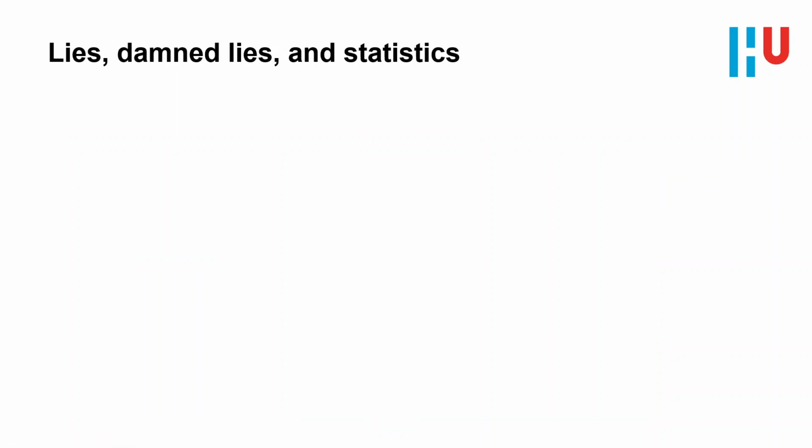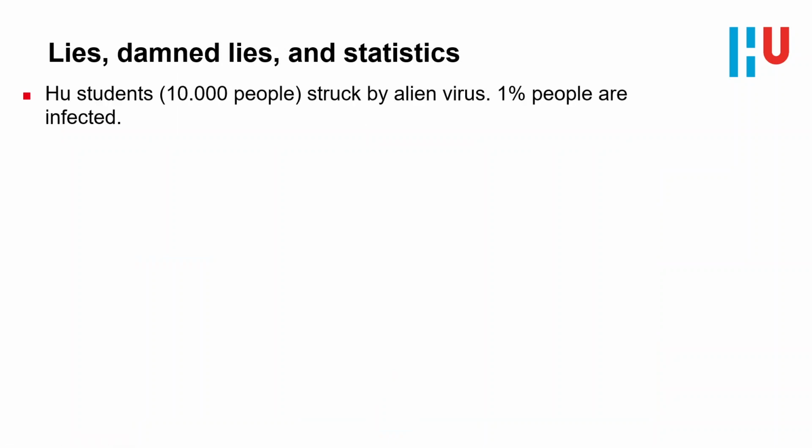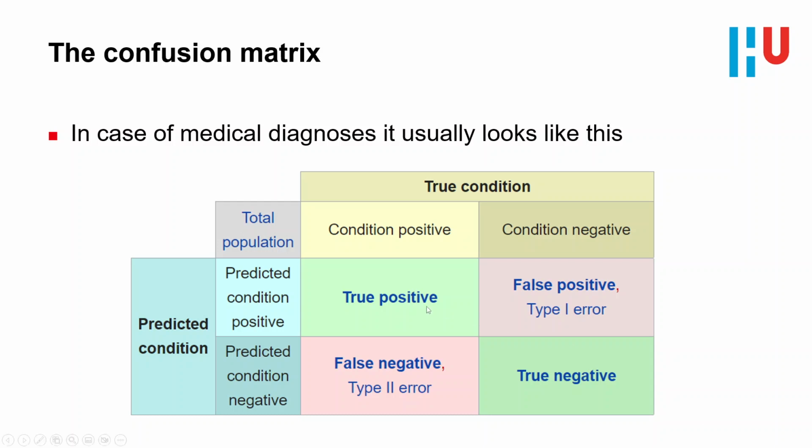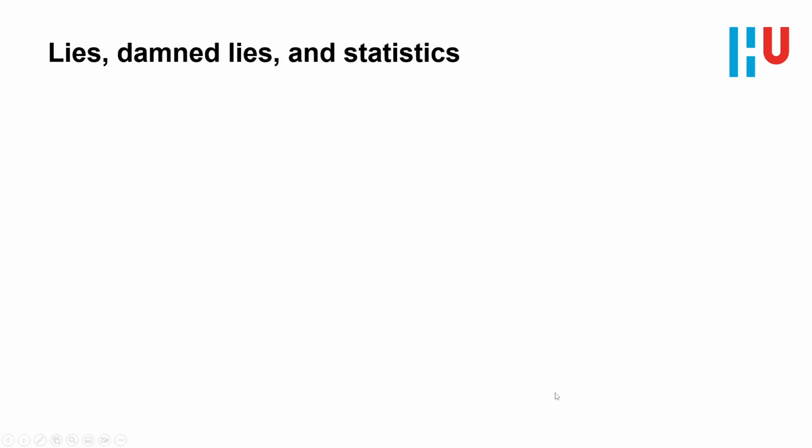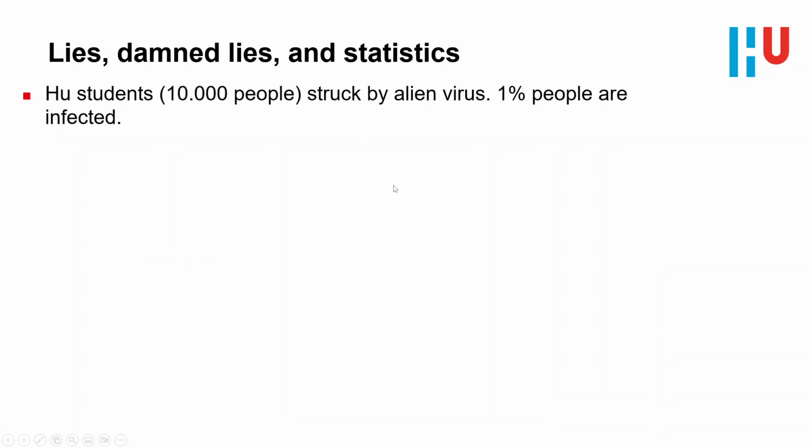Just a small intermezzo, a nice test, because this seems pretty simple, but it can be a little bit nasty in practice. Let's say we've got all the students, 10,000 people, struck by an alien virus. And 1% of the people are infected.